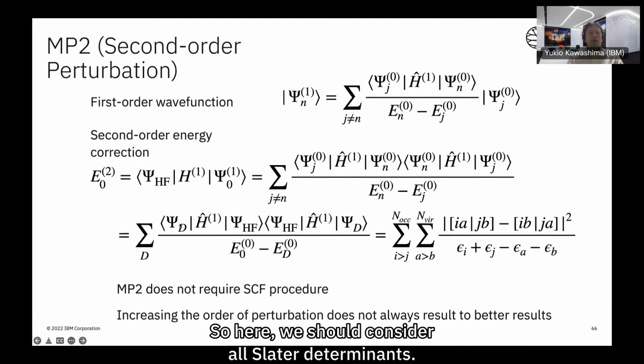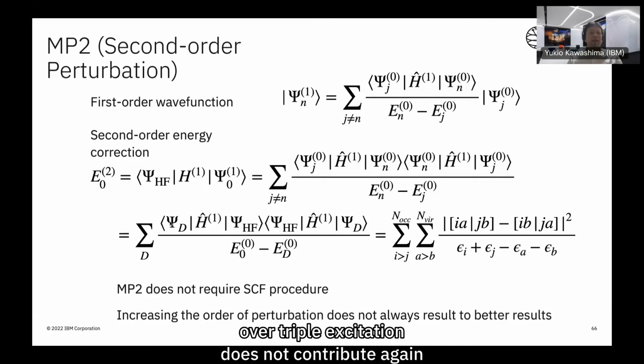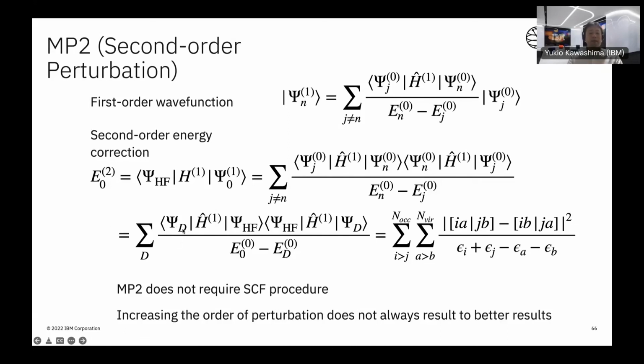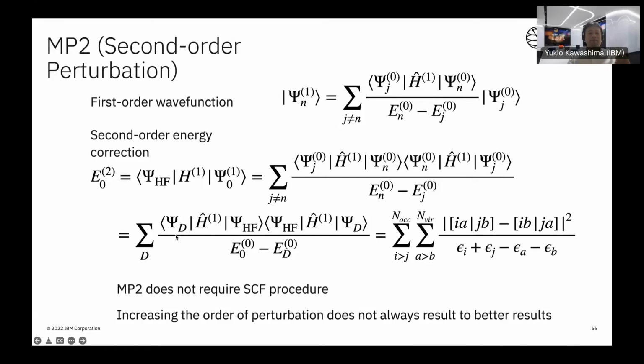So here we should consider all Slater determinants. However, the singles do not survive because of Brillouin's theorem, and the Slater determinants of triple excitation do not contribute, again, because of the Slater-Condon rules. So only the doubles survive. So we only have to consider the Slater determinants of double excitation, like this.